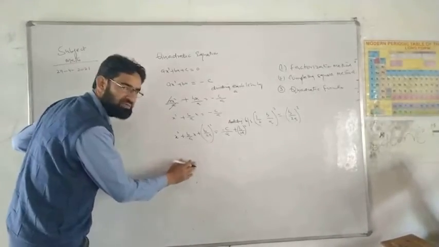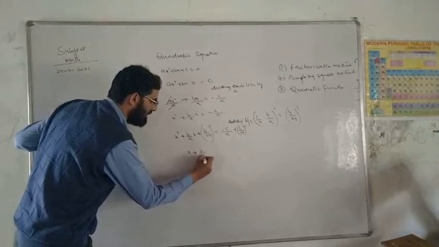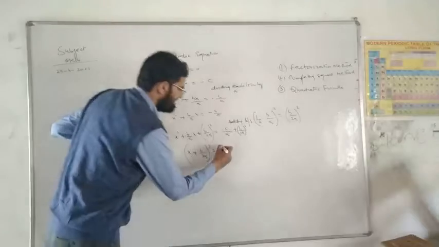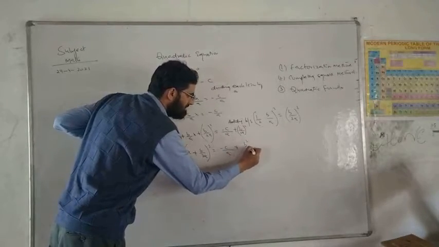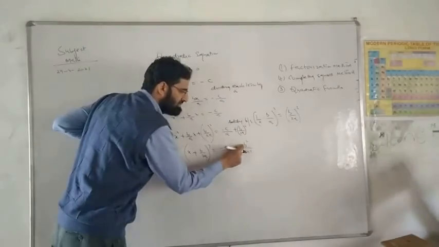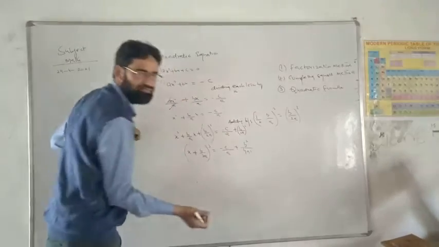This will become x plus b by 2a whole square is equivalent to minus c by a plus, what is this? This is b square by 4a square. b square means b square, and 2a whole square means 2 twos are 4, and a square is a square.